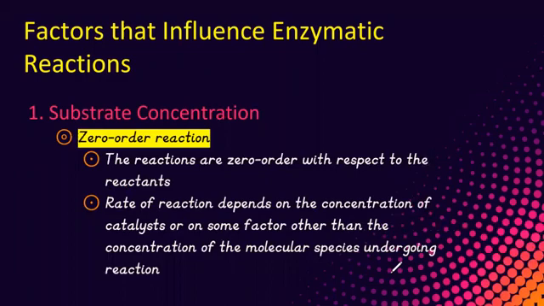No matter how high the concentration of reactant, as long as the concentration of enzyme is the same, it will follow the concentration of our enzyme. So the presence of reactants will not affect the concentration or the effectivity of our enzyme.